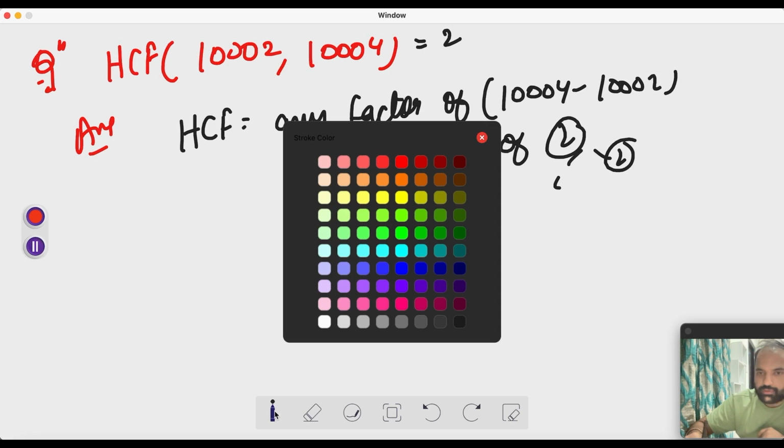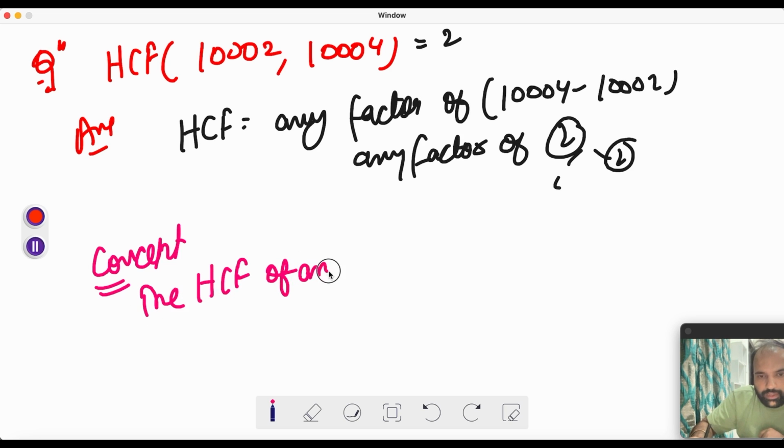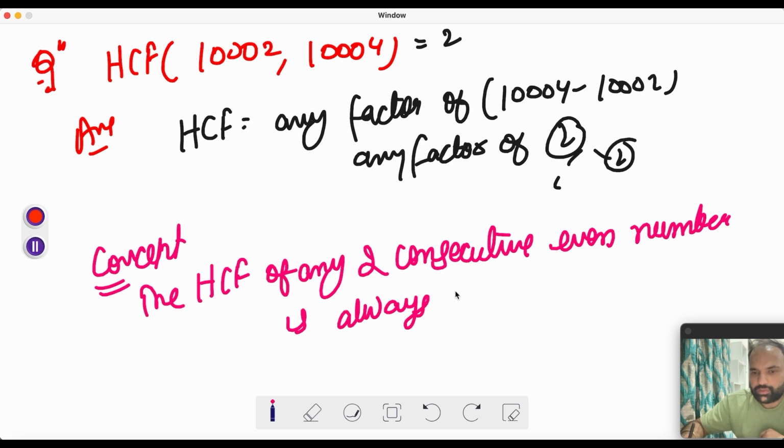Now, the purpose of me giving this question over here is that there's a concept hidden over here. So we'll try to do that concept. The concept is, the HCF of any two consecutive even numbers is always 2.